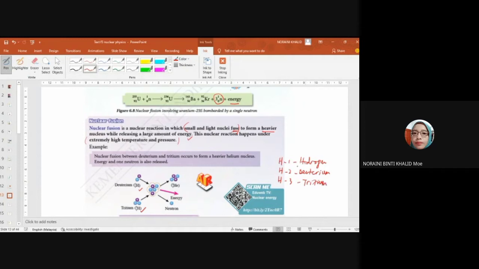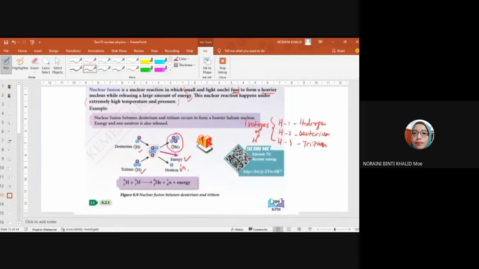So they are isotopes of hydrogen. You can see the proton number is the same, 1. The nucleon number is different. So they combine or fuse through the process of nuclear fusion to form one heavy nucleus, helium, and release one neutron and, at the same time, nuclear energy.